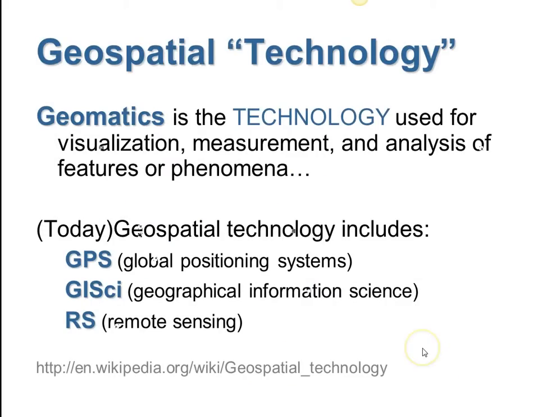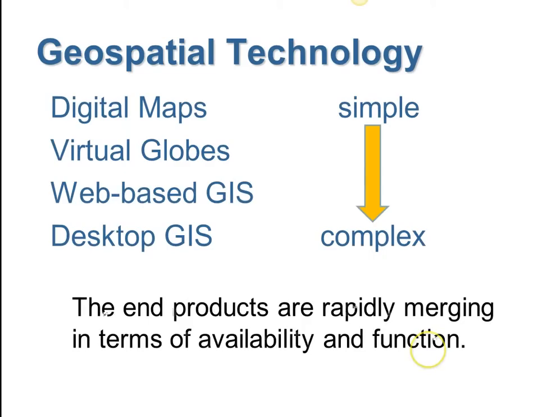When we think about GIS technology or geospatial technology, it really involves several types of applications: the software that we use on the computers, the data, and also the idea of remote sensing and GPS. So it's not just one piece of technology.